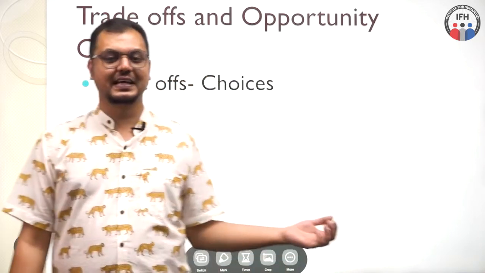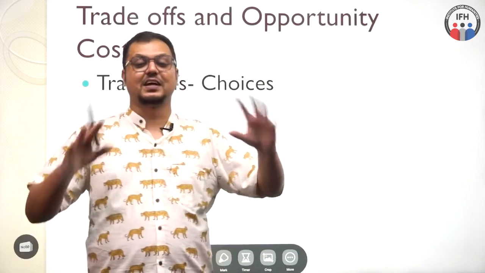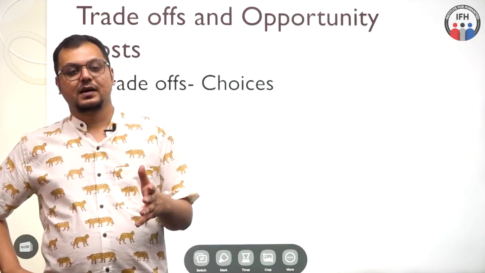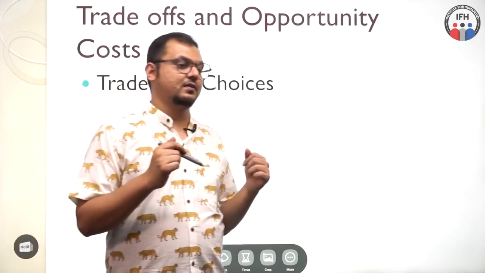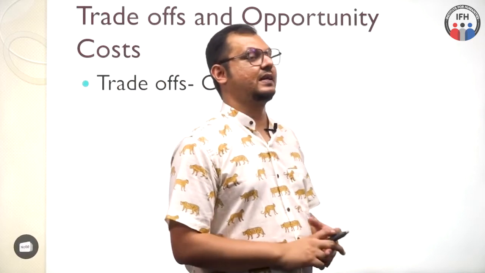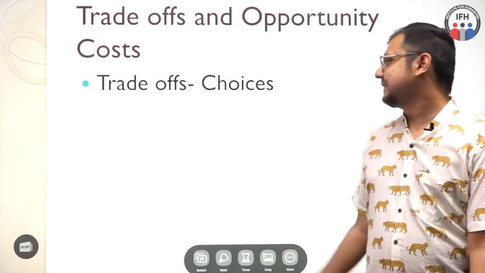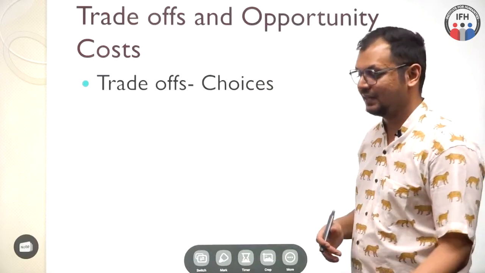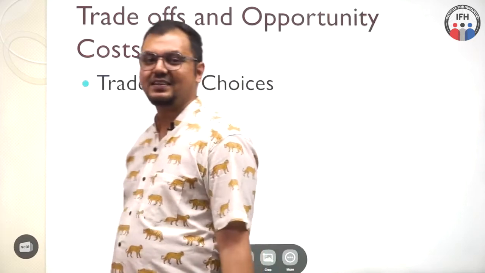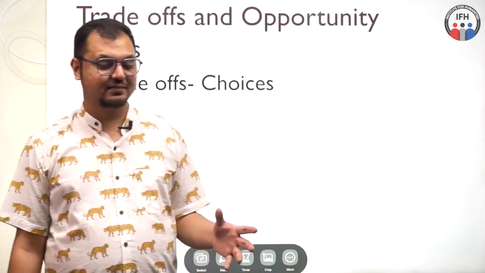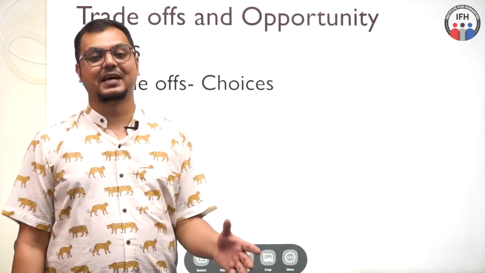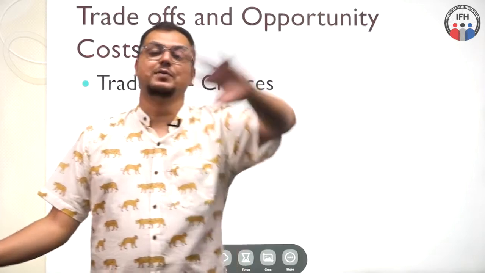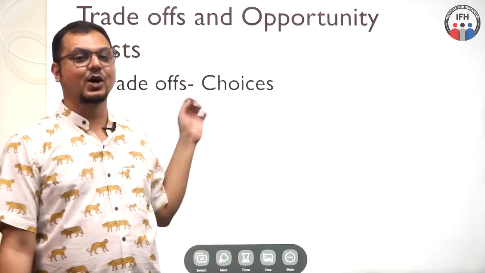In this basic first definition that we started with, when you have unlimited wants and a scarce number of resources with alternative uses, there are trade-offs in those choices. The moment you choose one thing, you are foregoing something else, because all of these scarce resources have various uses, and at the same time there isn't enough resources to satiate all of your unlimited wants. So therefore, there is some trade-off.